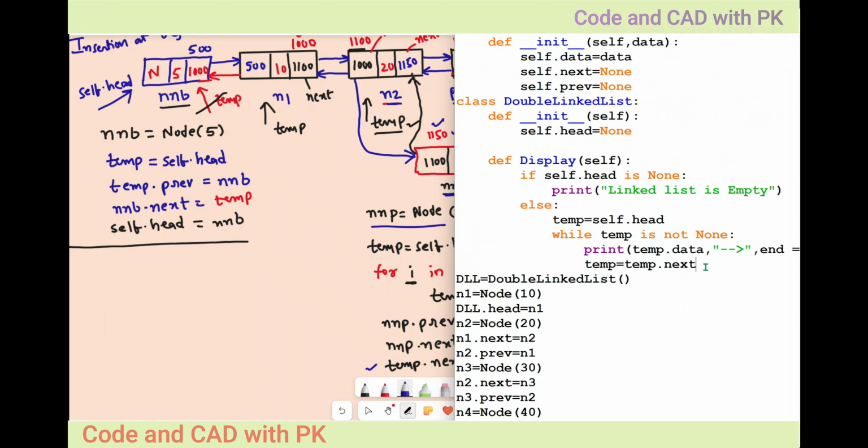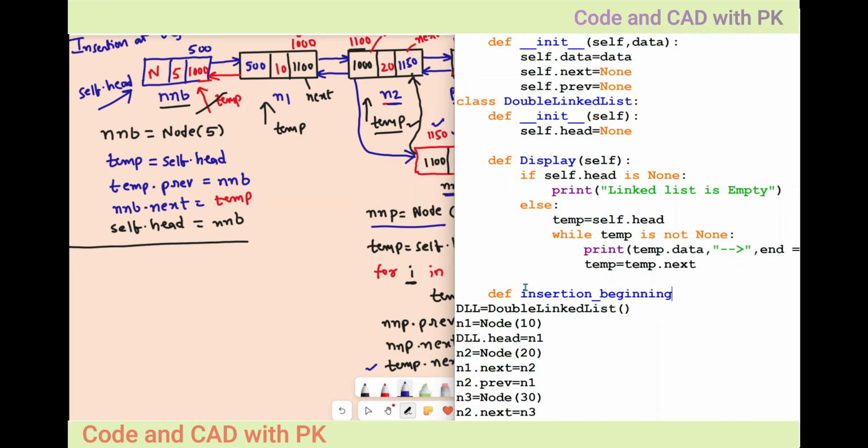Now here I am going to write one more function, that is insertion at beginning: insertion underscore beginning, self comma data.